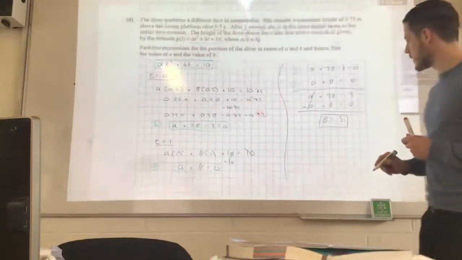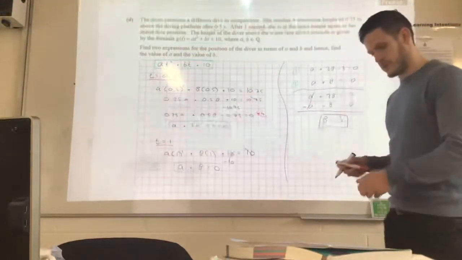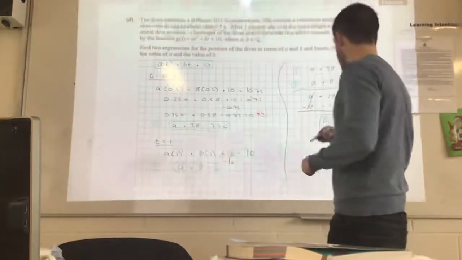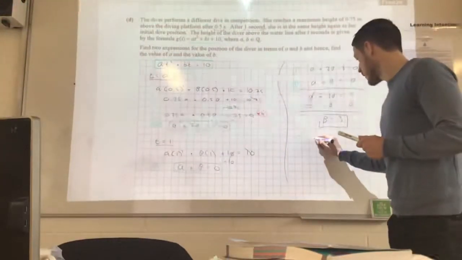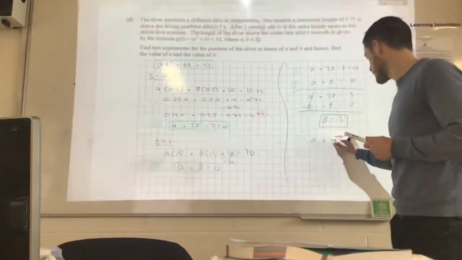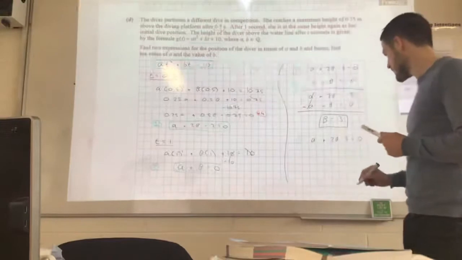And in order to figure out what a is, I sub b back in. I can take my second equation if I want, it's probably easier, but I'll go with my first one. So I get a plus 2b minus 3 is equal to 0.